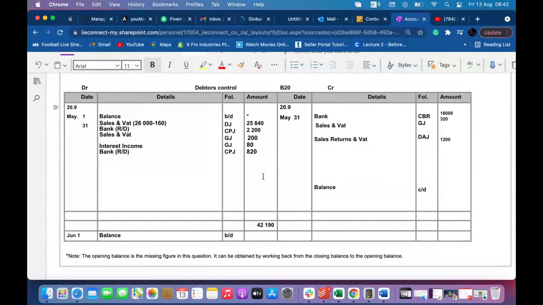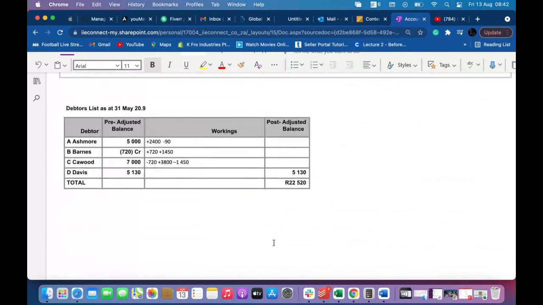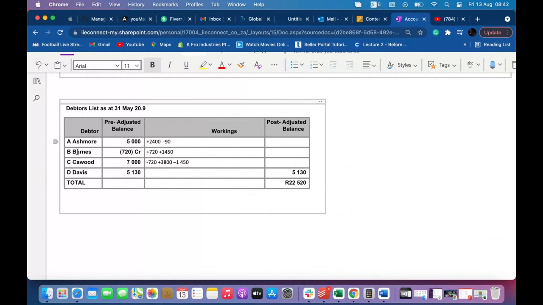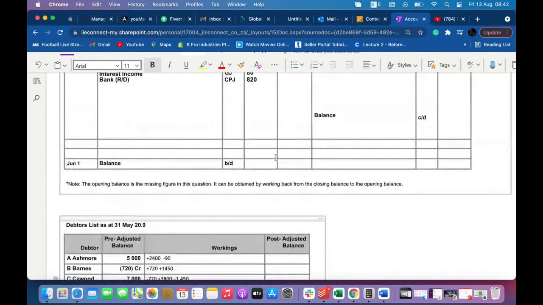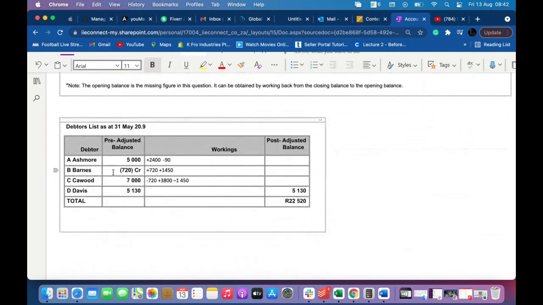Okay, but this does already look like the bigger side, but we don't know for sure whether we have a debit or a credit balance.